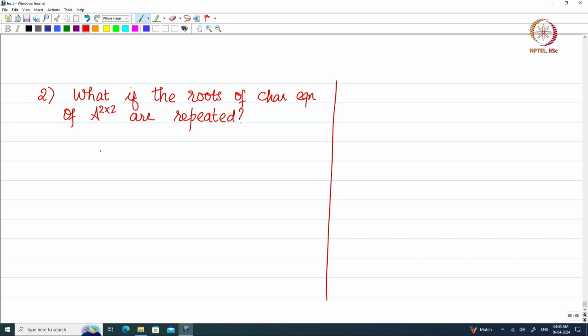What does that mean? We have this characteristic equation, which is lambda squared minus lambda into the sum of the diagonal plus determinant of A is equal to 0. In this case, we are going to have lambda 1 is equal to lambda 2 is equal to lambda itself.